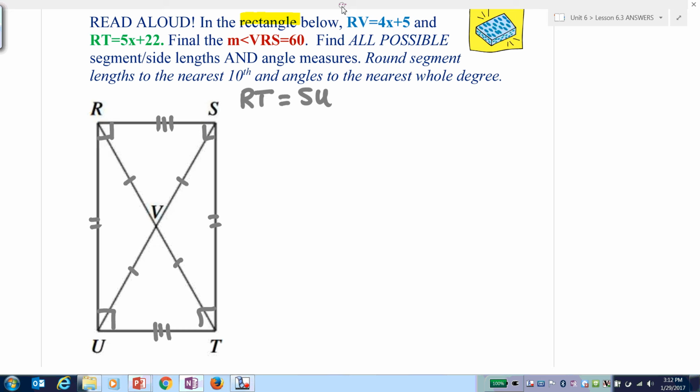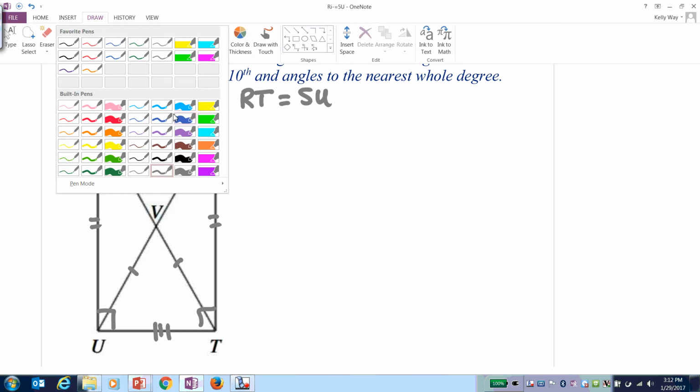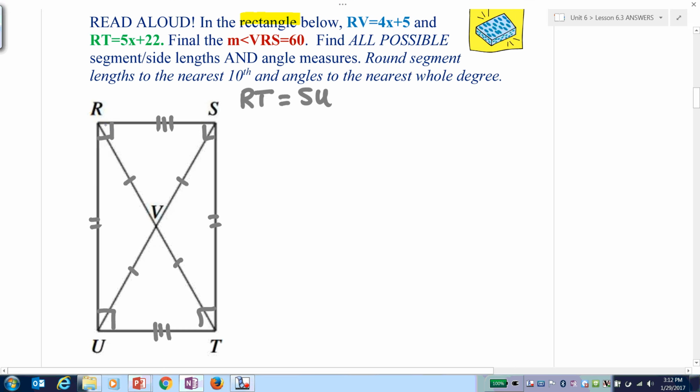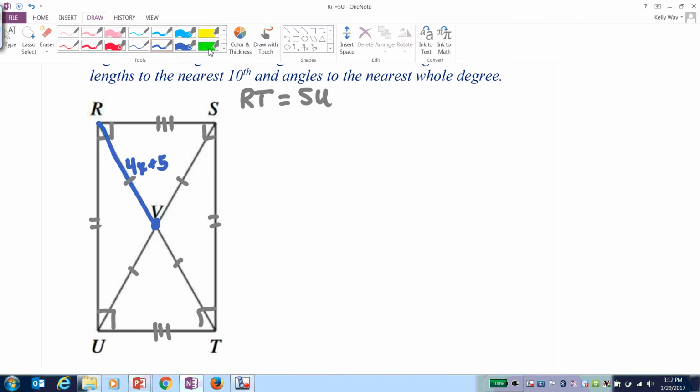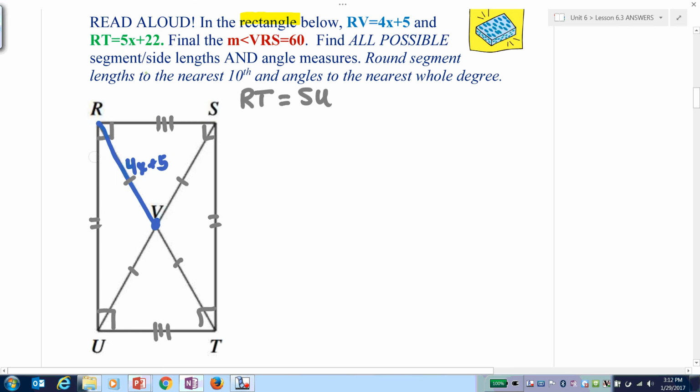Ready? Now let's put our given information on the diagram. R to V, so from here to that point is 4x plus 5. We know R all the way to T is 5x plus 22.